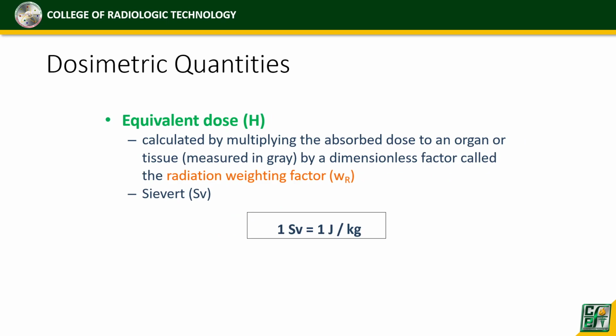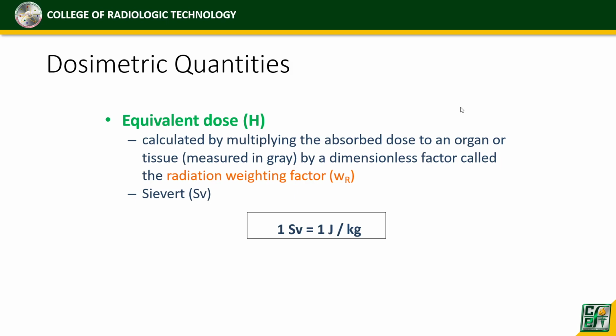So, paano makukuha ang equivalent dose? Equivalent dose can be measured by multiplying the absorbed dose of an organ or tissue, anong measurement niya? Gray kasi absorbed dose, by the dimensionless factor called radiation weighting factor or WR.